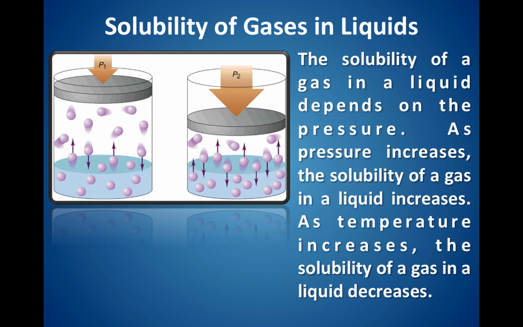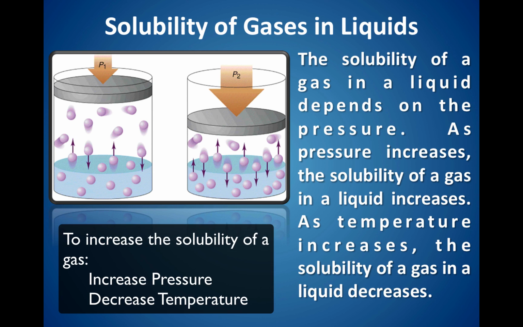And as the temperature increases, the solubility of a gas in a liquid decreases. In order to increase the solubility of a gas in a liquid, number 1, increase the pressure, and number 2, decrease the temperature.